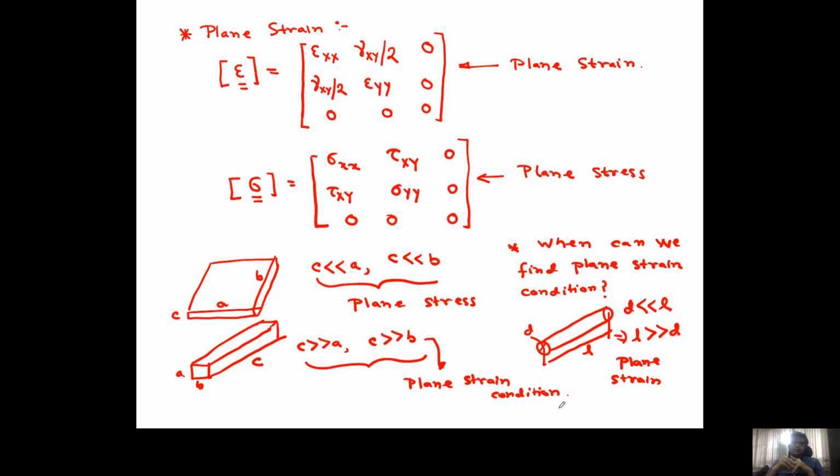In any case, now you have some idea about what plane strain is. So let us proceed to the mathematical part, where first we'll talk about the stress strain relation in plane strain condition, and then we'll talk about the compatibility equation and try to figure out the governing equation for plane strain.